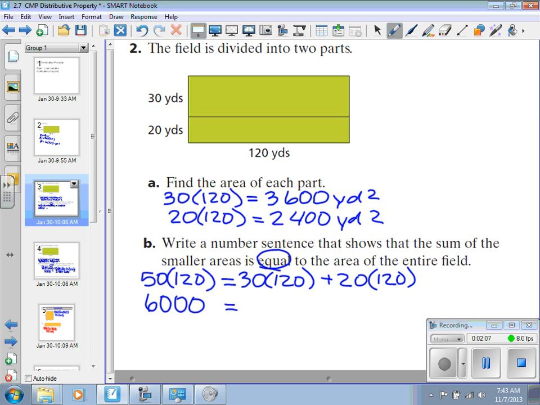So we get 3,600 plus 2,400. We add those together and we get 6,000. So 6,000 is equal to 6,000.